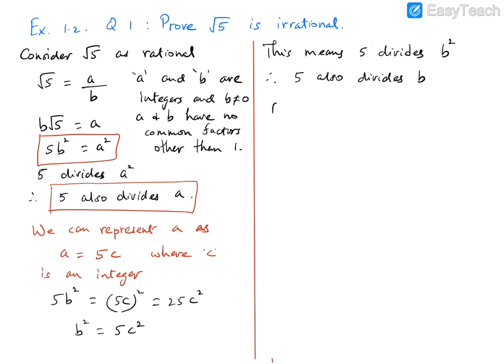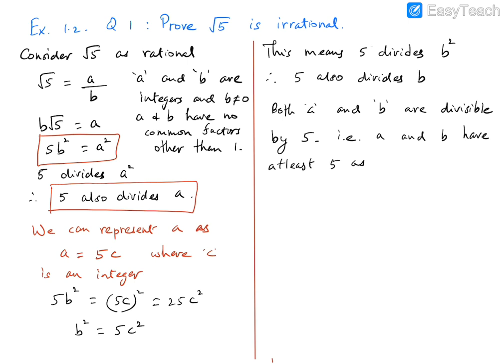So both a and b are divisible by 5. That is, a and b have at least 5 as a common factor.